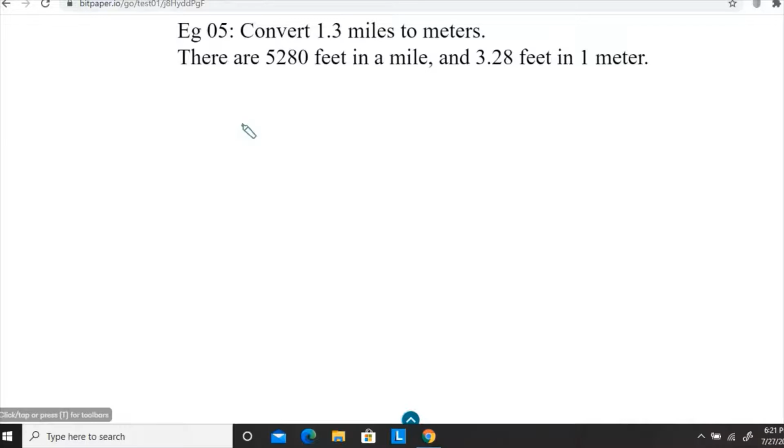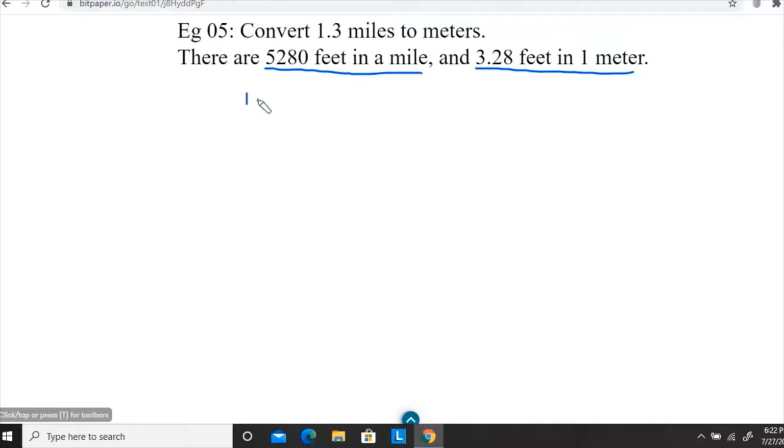Now let's look at some examples that are more involved. So here we have to convert 1.3 miles to meters and we are given that 5,280 feet is equal to 1 mile and then 3.28 feet is 1 meter. So we have to use this information in order to make the conversion. So I'll use these two pieces of information to come up with the conversion factors.